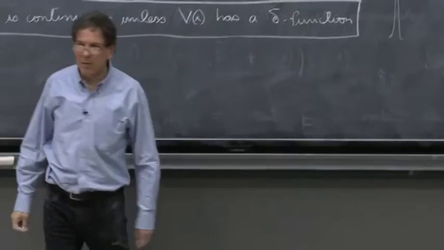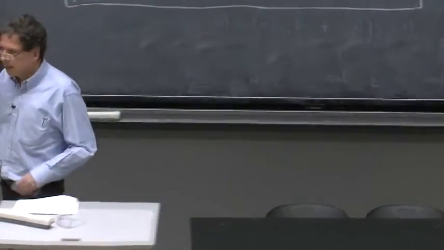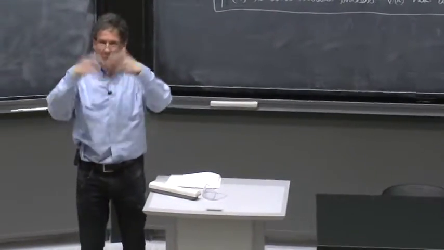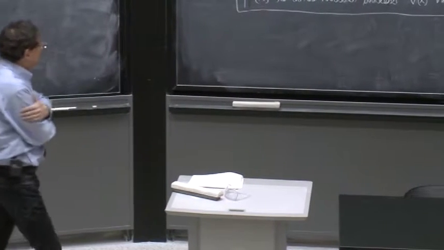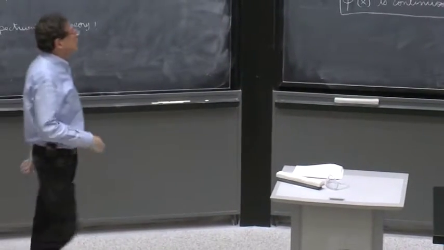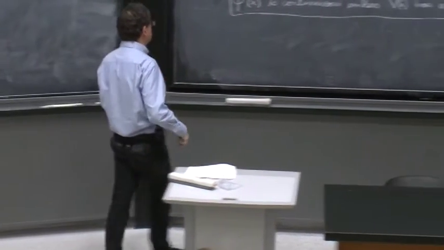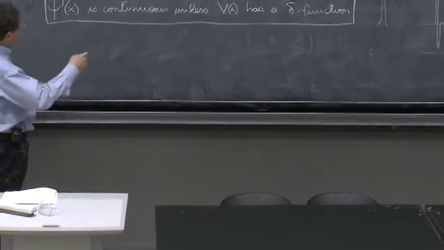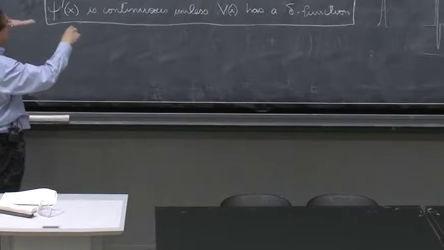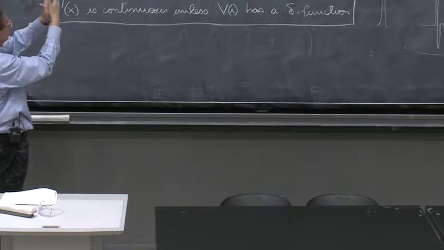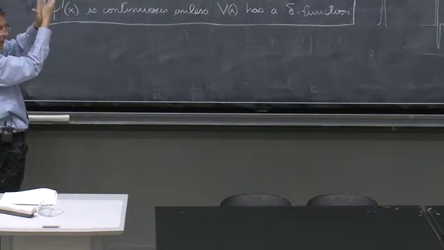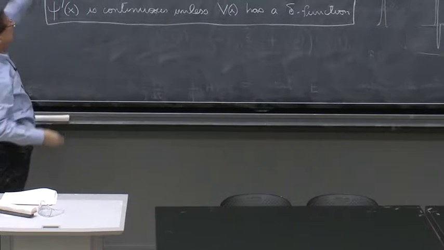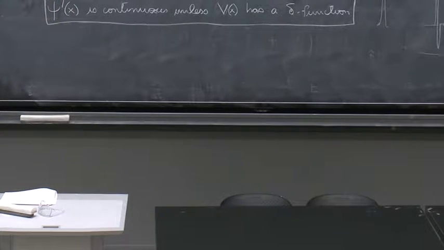We will consider them. Delta function potentials can be attractive potentials, repulsive potentials, they're quite interesting. So I claim now that psi prime of x has to also be continuous. Why are we worrying about psi and psi prime? It's because you need two conditions whenever you're going to solve this differential equation at an interface. You will need to know if psi is continuous and psi prime is continuous because it's a second order differential equation.